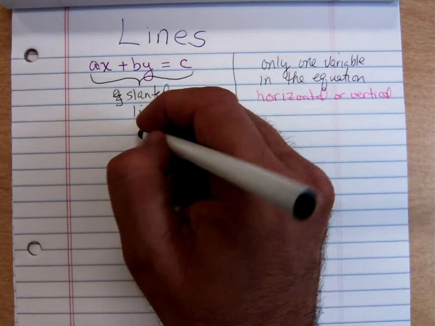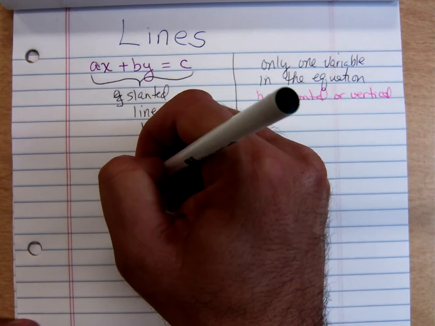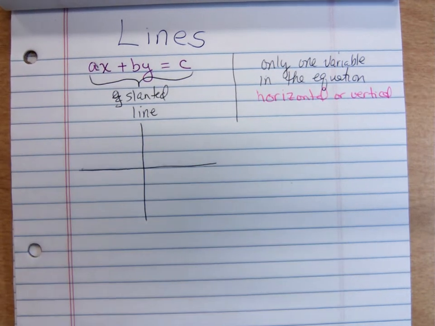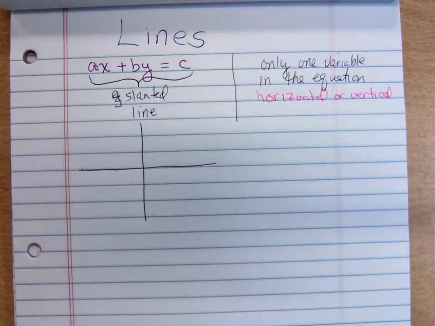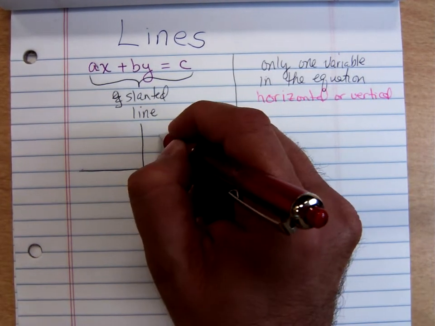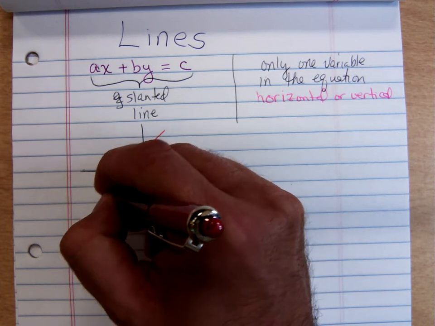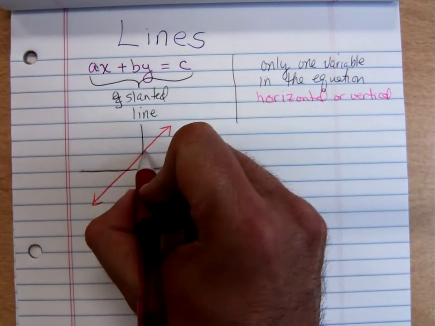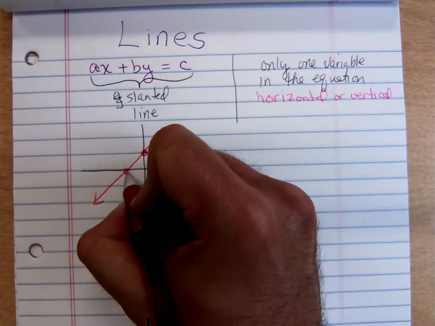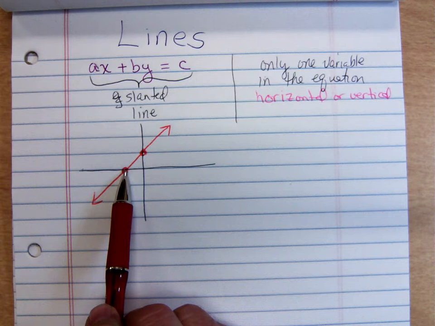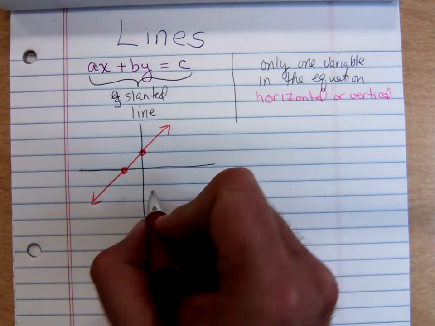A little terminology. If you have a line, we draw it with a line. Assume this is the x-axis and y-axis. The point at which the graph crosses the x-axis is called the x-intercept. I believe I may have already mentioned that before.